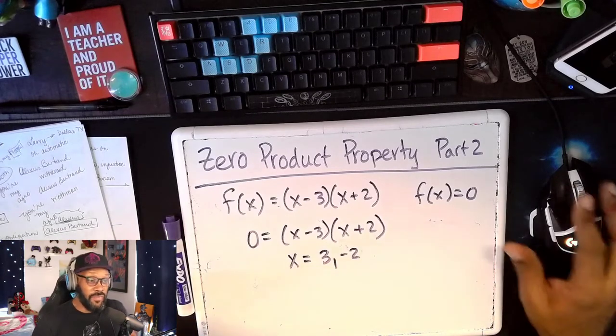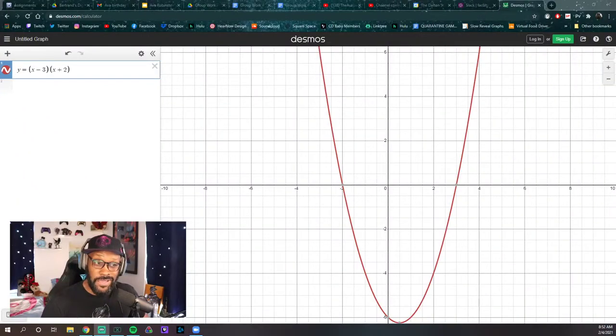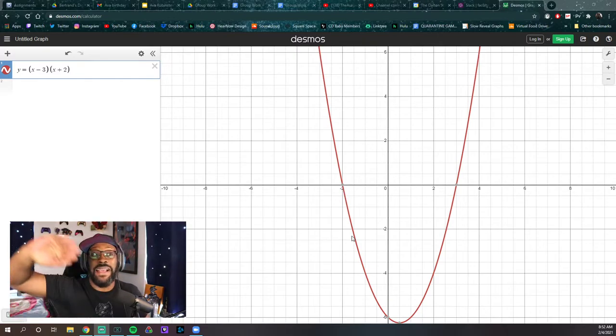So that red function, x minus 3 times x plus 2, is a factored trinomial. Like we talked about before, anything that has an exponent, when you see an x squared, it's not going to be a nice line.